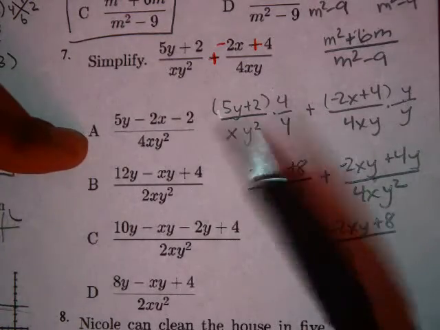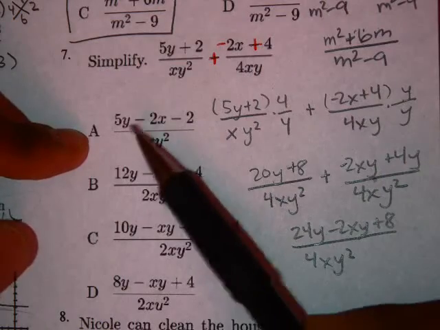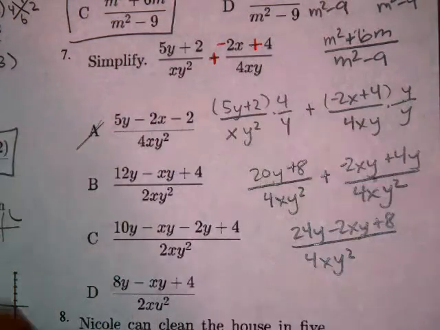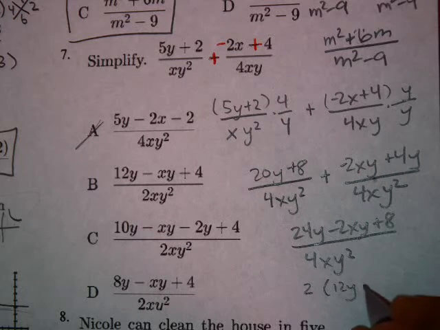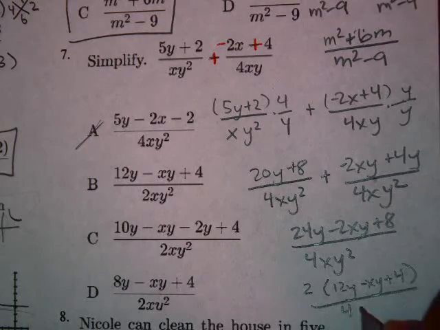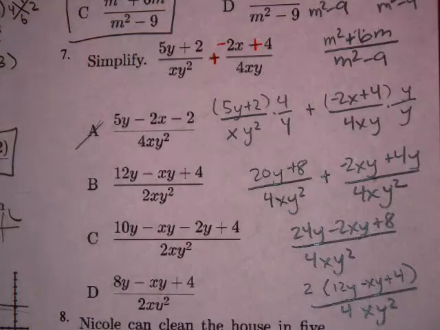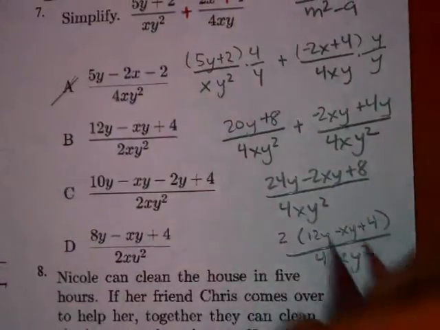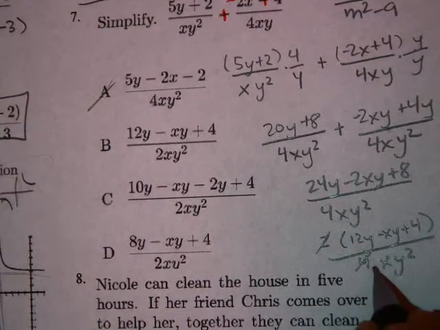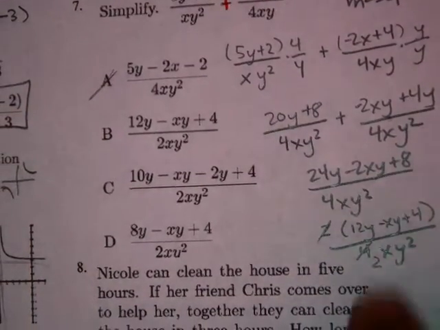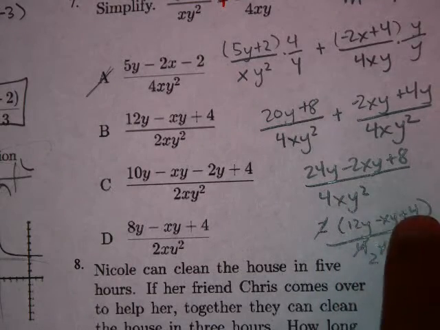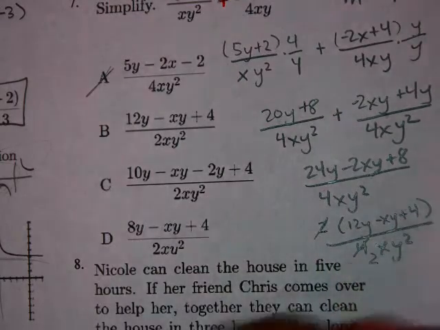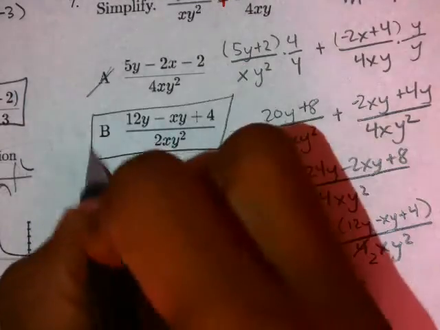So if I factor out a 2, that's 12y minus xy plus 4 all over 4xy squared. Well, this 2 can reduce that 4 to be a 2 at the bottom. So my answer is 12y minus xy plus 4 over 2xy squared, which is B.